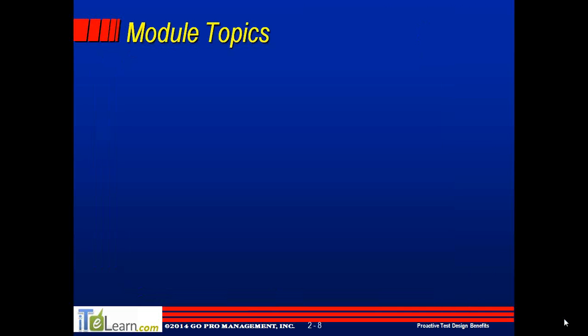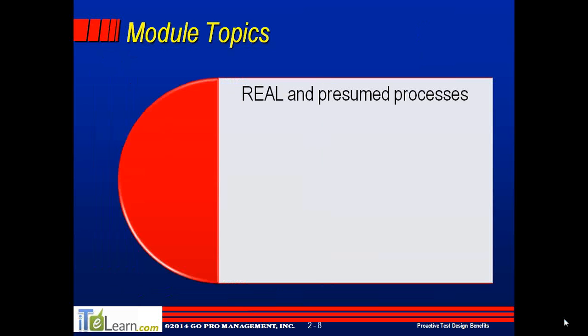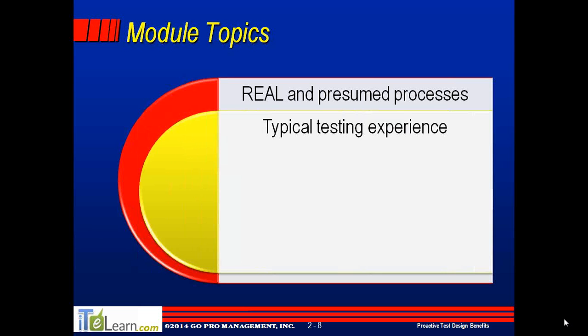So that was a brief recap of some of the things from the orientation session. And now let's look at what we're going to discuss tonight, new topics. First of all, we're going to talk about processes. And there's two types of processes, the real process and presumed processes, and we'll make a distinction there, and I think you'll find that it's an important distinction.